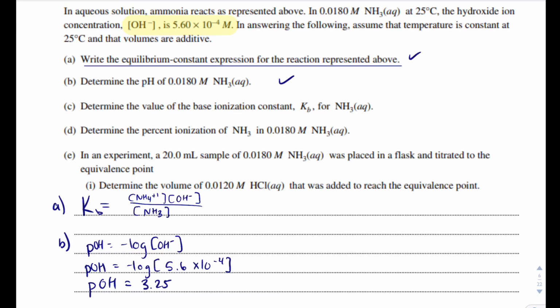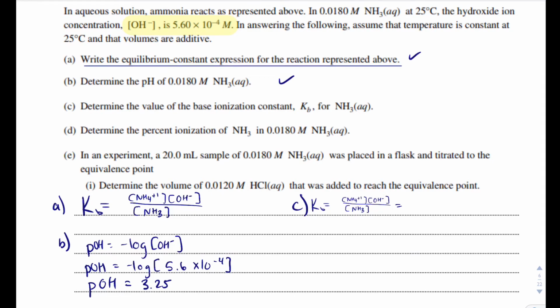They want us to get the value of the base ionization constant, Kb. So what this is going to be, I'm going to kind of just copy this. I'm going to do part C over here. We know hydroxide, which through stoichiometry through your rice table, if I made one, is going to be the same as ammonium, NH4 plus.